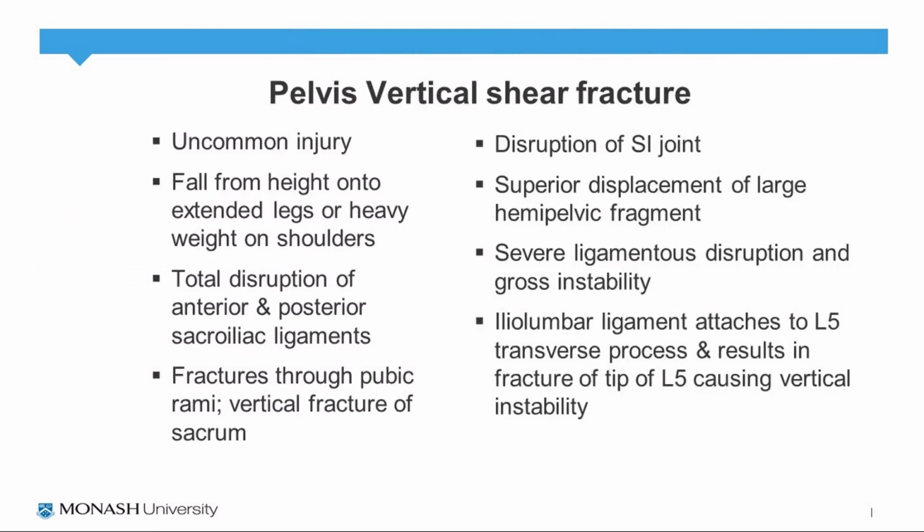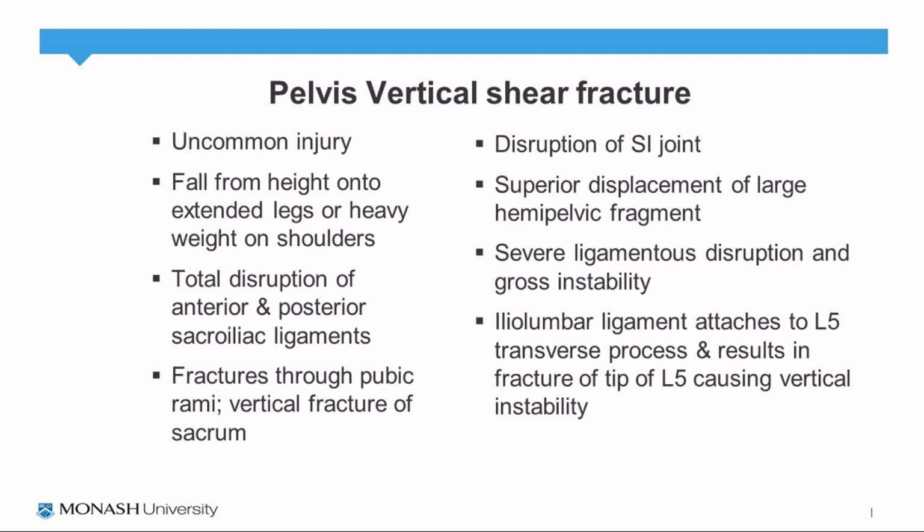Vertical shear fractures are uncommon. The mechanism of injury tends to be a fall from a height onto extended legs or a heavy weight on the shoulders. This results in disruption of the anterior and posterior sacroiliac ligaments and can cause fractures through the pubic rami, as well as vertical fractures of the sacrum and disruption of the SI joint.